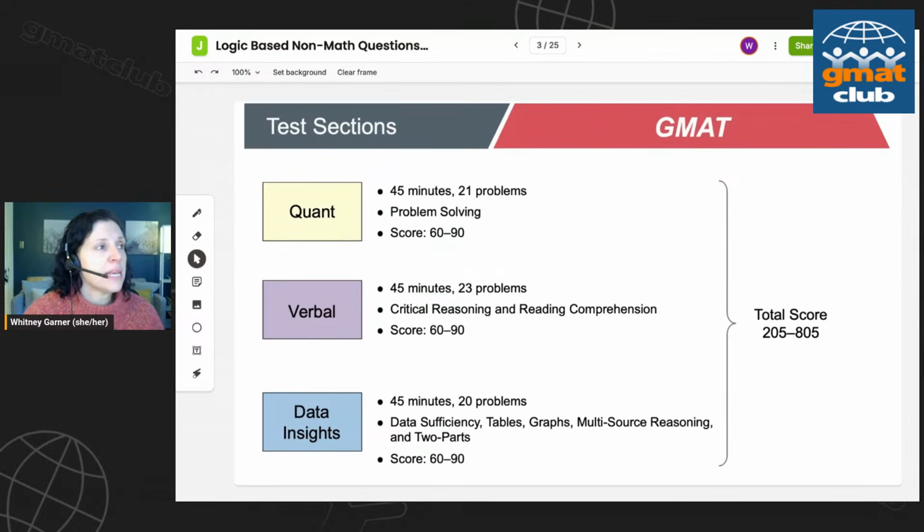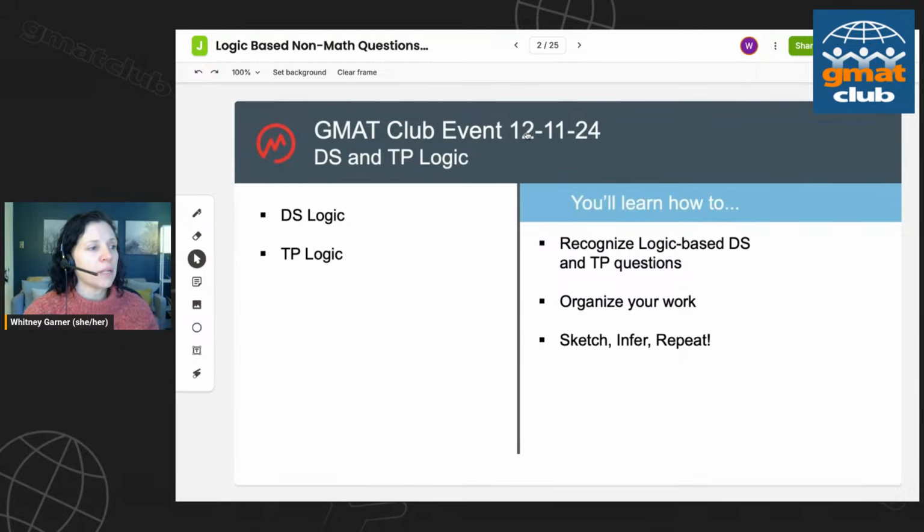Now, in this realm, we are going to look predominantly at logic-based data sufficiency and two-part. What I mean by logic-based is that these are really neither verbal nor quantitative. The DI section kind of comes in three flavors.